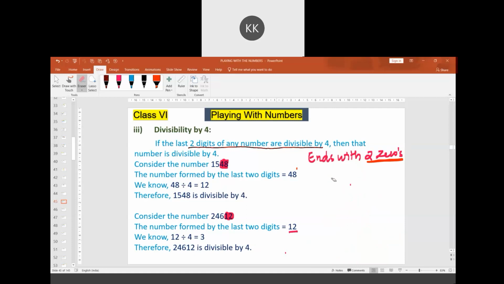Coming to your question, if a number has last two digits 00, say 100, it is divisible by 2, it is divisible by 5, and it is also divisible by 4.